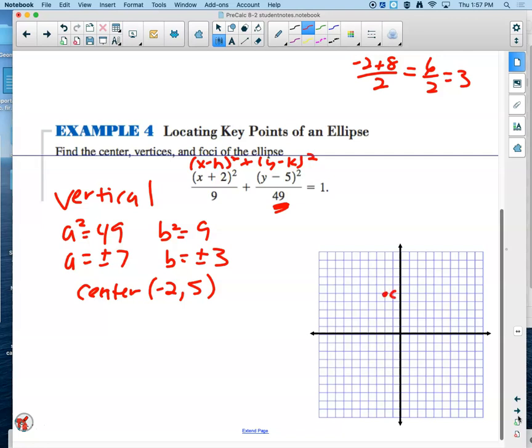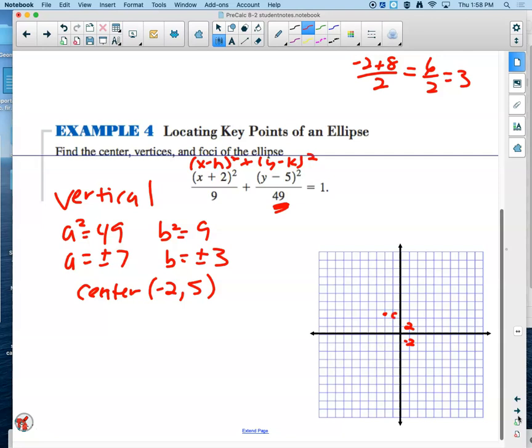Put that C for center right there. I know it's vertical, so I want to go a units up and down. And a happens to be plus or minus 7, and that's going to take me off the grid. So I'm going to have to change this and go by 2's. So now I'm going to go to my negative 2, but then up 2, 4, 5, right there for my center.